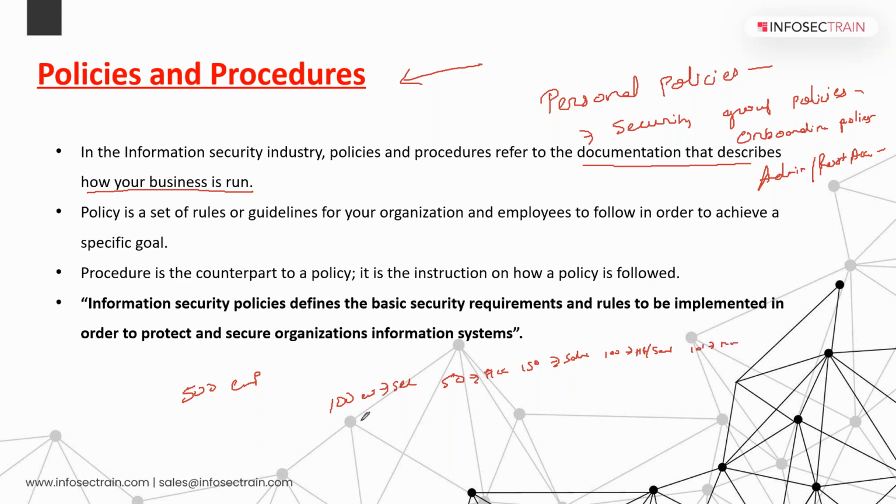Now, what we will be doing over here is creating a group. In that group, we are giving some privileges. This group can have read and write privileges. This group can have read privileges. This group can have read, write, and execute privileges.